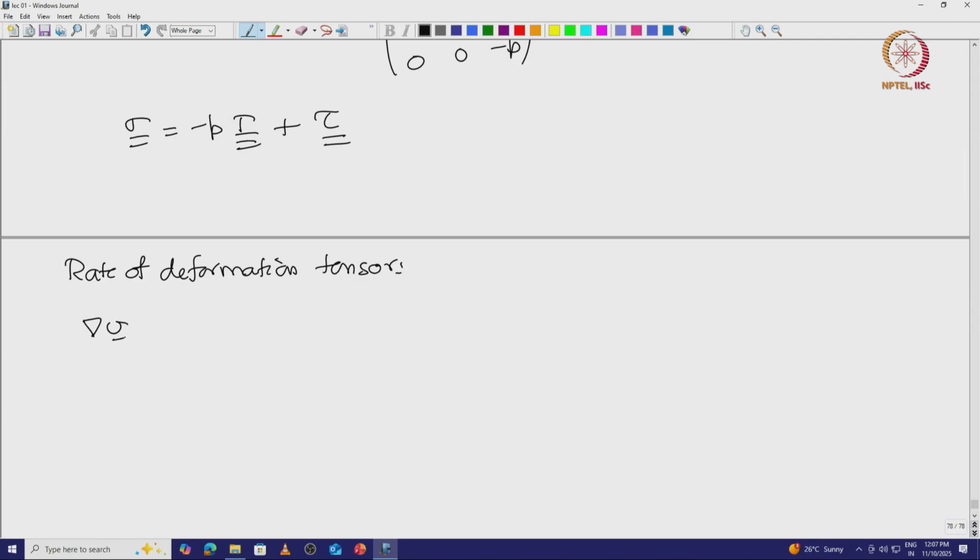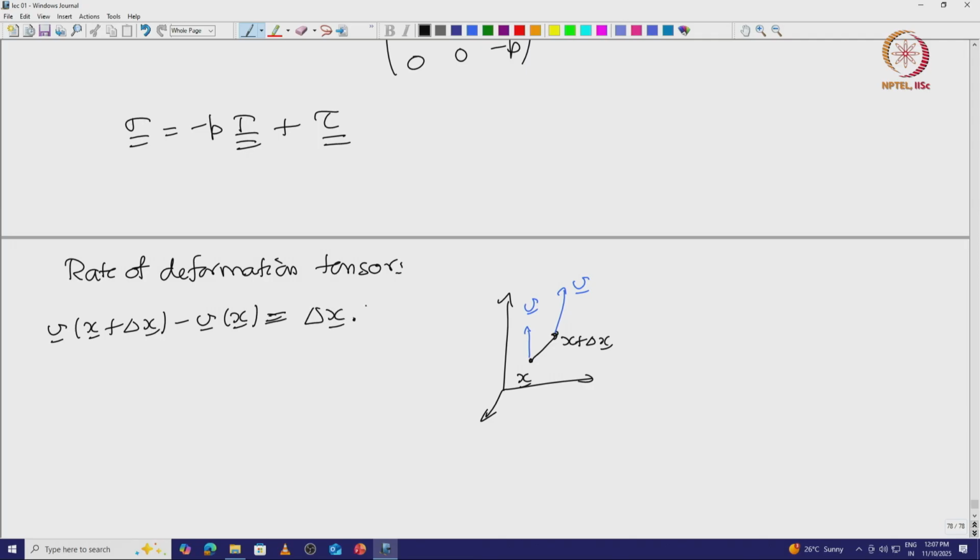So, this also has 9 components. Note that there is no dot product here between the velocity and the gradient, and this basically tells us that if we are at a location x and the velocity is in some direction, and if we go to a small distance x plus delta x and we have the velocity in some other direction v, then the difference in velocity, that is v vector at x plus delta x minus v vector at x is equal to delta x dotted with grad v.